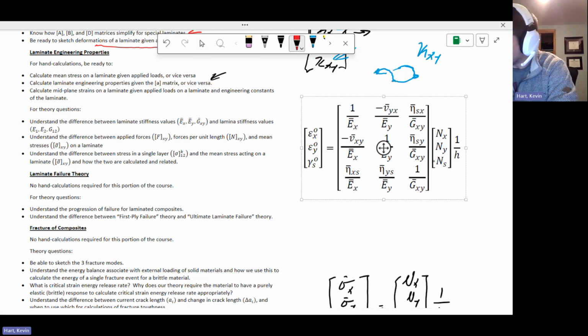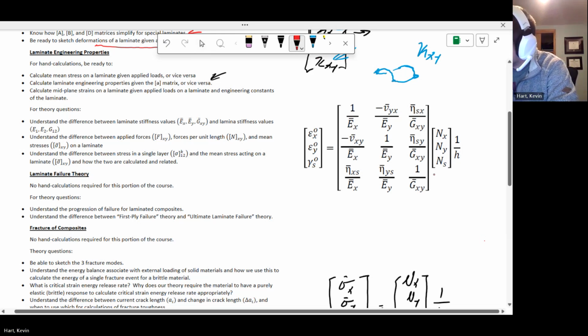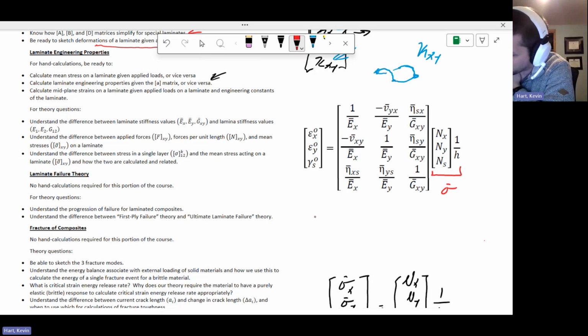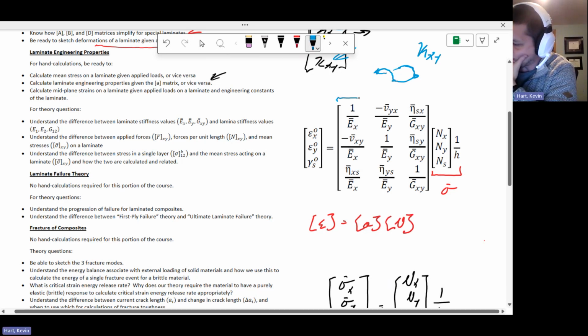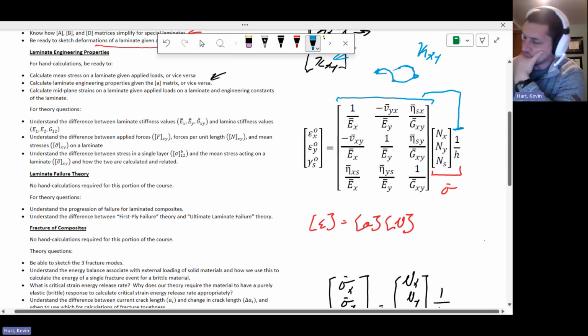Well, we just said that this is your sigma bar terms. This is your mean stress. So normally we would write the strains are equal to little a times n. So what that means here is that this plus this guy is your little a.